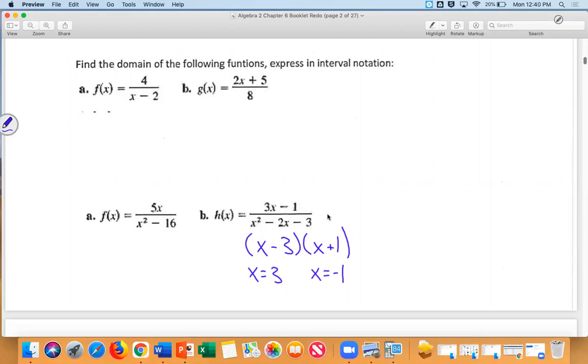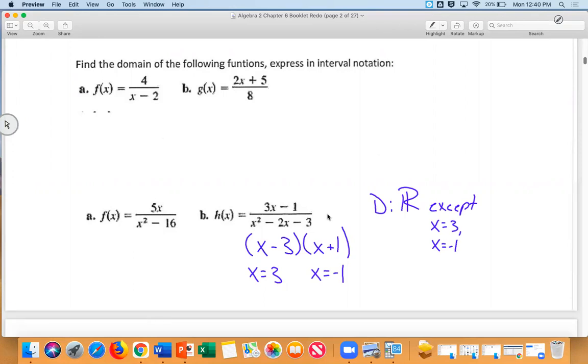That gives me that. So my domain is all reals except x equals 3 and x equals -1. They're not going to be there. I'm going to have those asymptotes, those lines. It's going to be broken up.